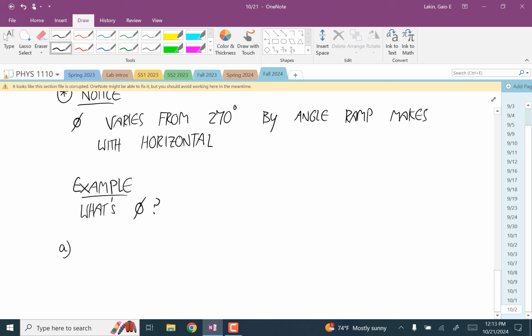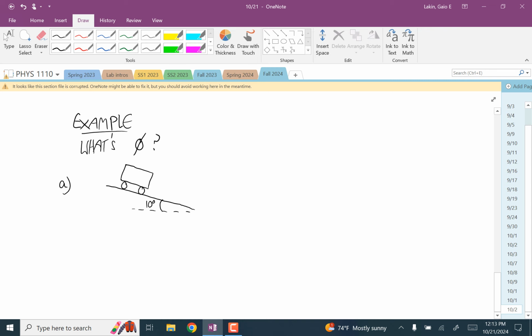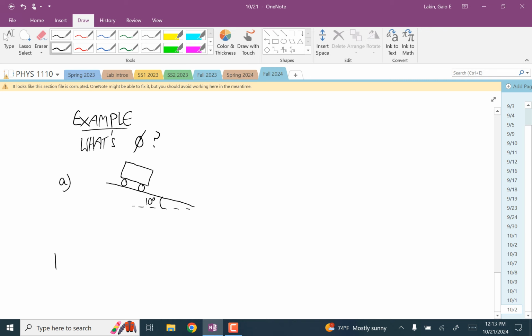So first, let's think of a ramp like this. Let's say this angle is 10 degrees. And then for part B, let's say this angle is 30 degrees. And let's give these masses too. Let's say this one's 2 kilograms.